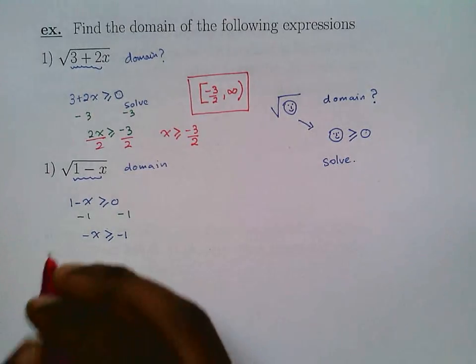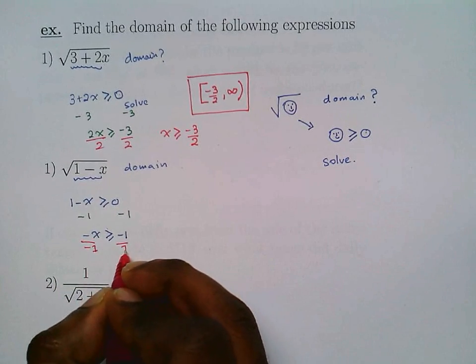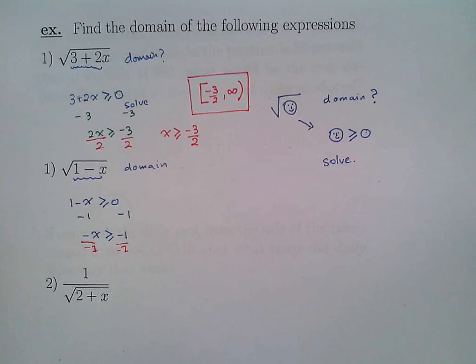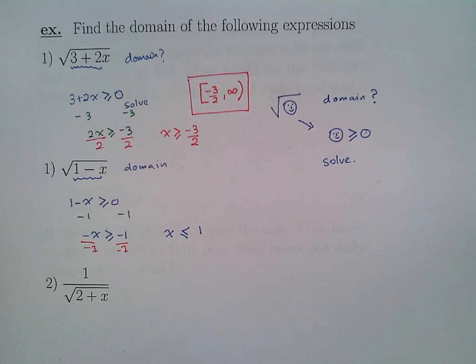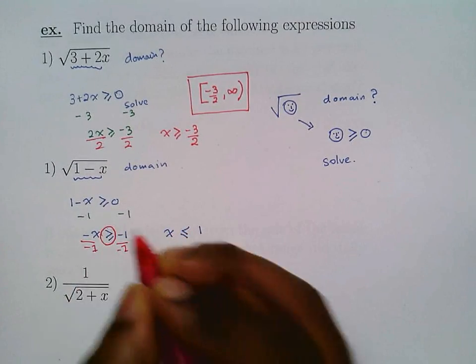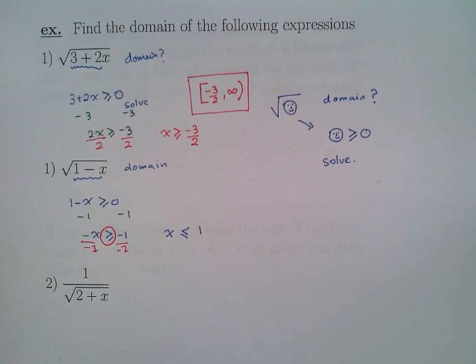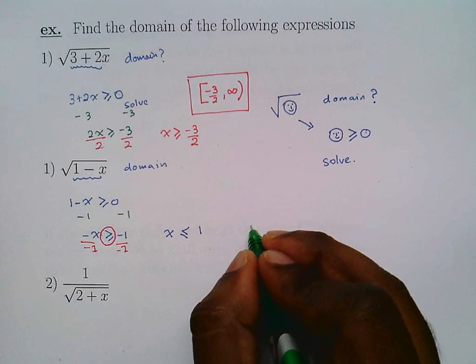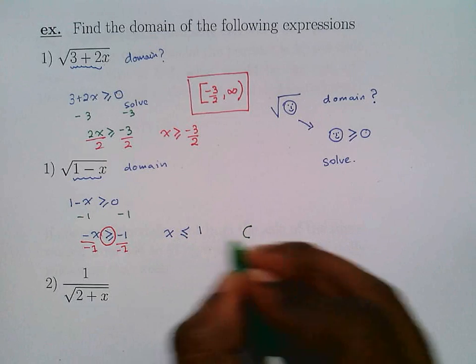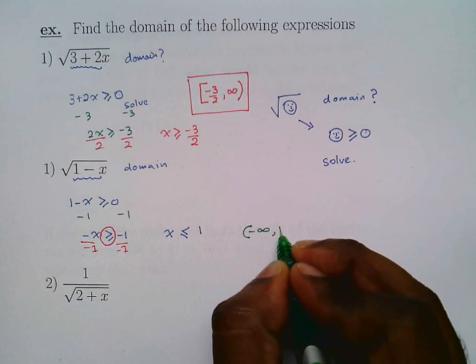Divide both sides by negative 1. You get x is less than or equal to 1. Remember we divided by a negative number, so that changes. So that is the domain, and in interval notation that would be negative infinity to 1.